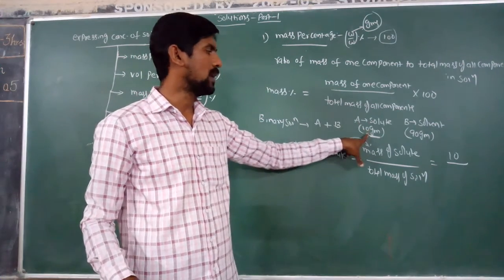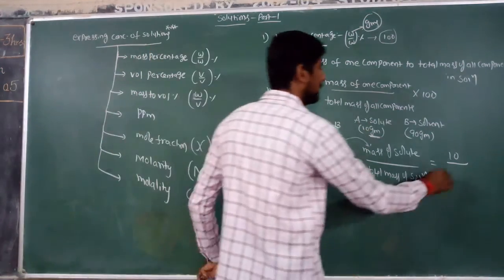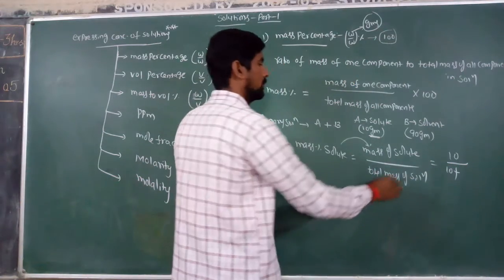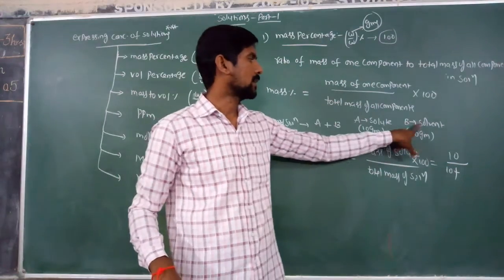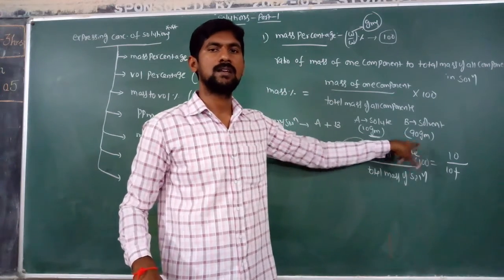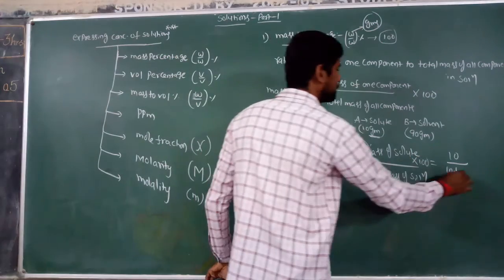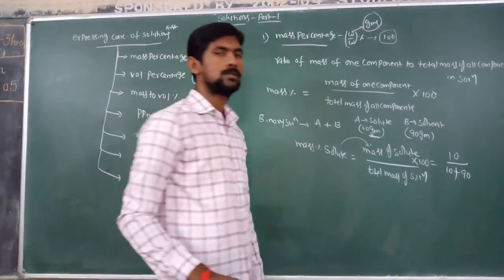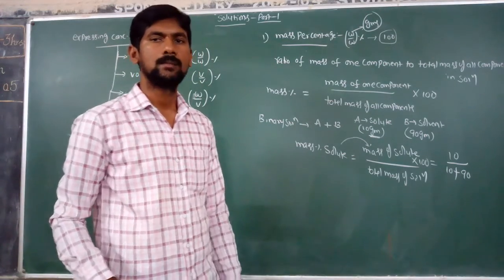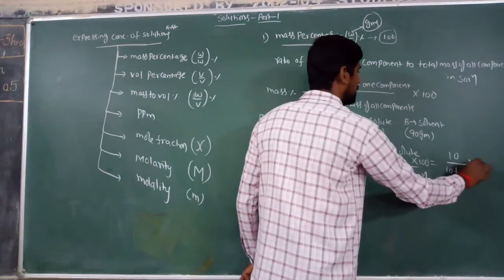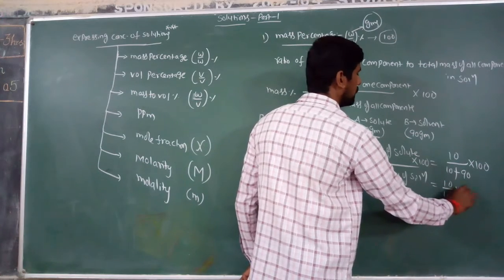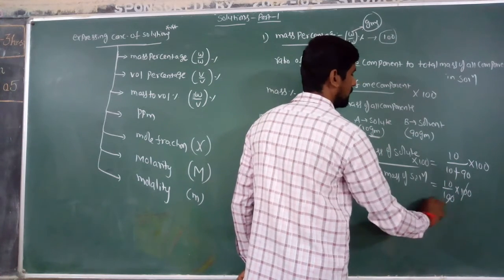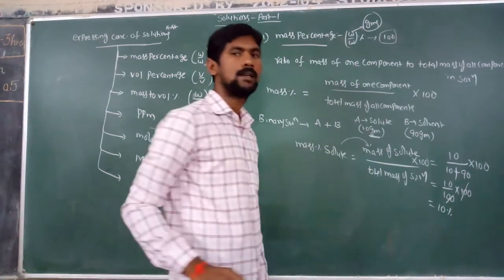Component A, solute mass is 10 grams, plus the second component B, the solvent, mass 90 grams. So 10 by 10 plus 90. Percentage means always multiplied with 100. Is equal to 10 by 100 into 100. Cancellation of 100. What is the mass percentage? 10%.